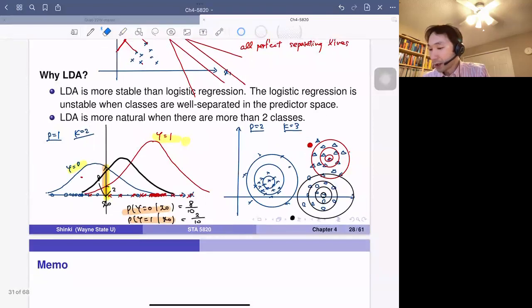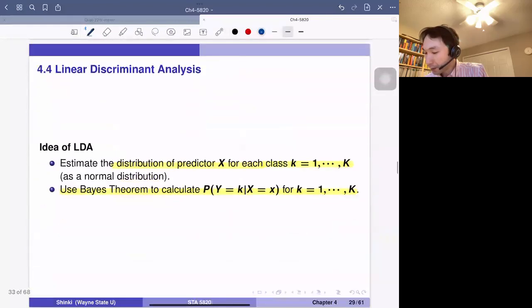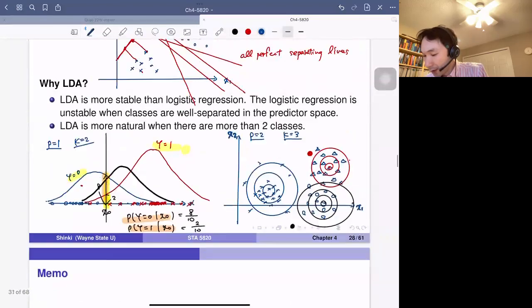If we have two predictors, x1 and x2, we can describe it in a plane, and we have different groups with different contours. We will discuss it later. Basically, given the group, we can calculate the probability that y is equal to 0 or y is equal to 1 or y is equal to 2 and so on.